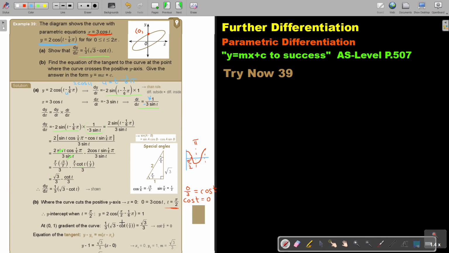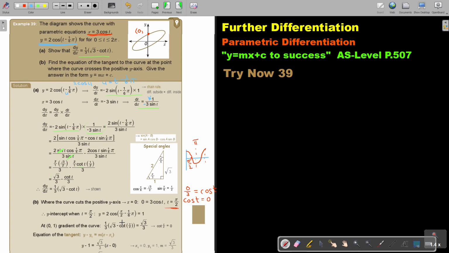Shift pi divide 2 equals, minus shift pi divide 6 equals. And then if we press cos equals. Oh, the problem is I'm not on radians. Let's just go to radians.